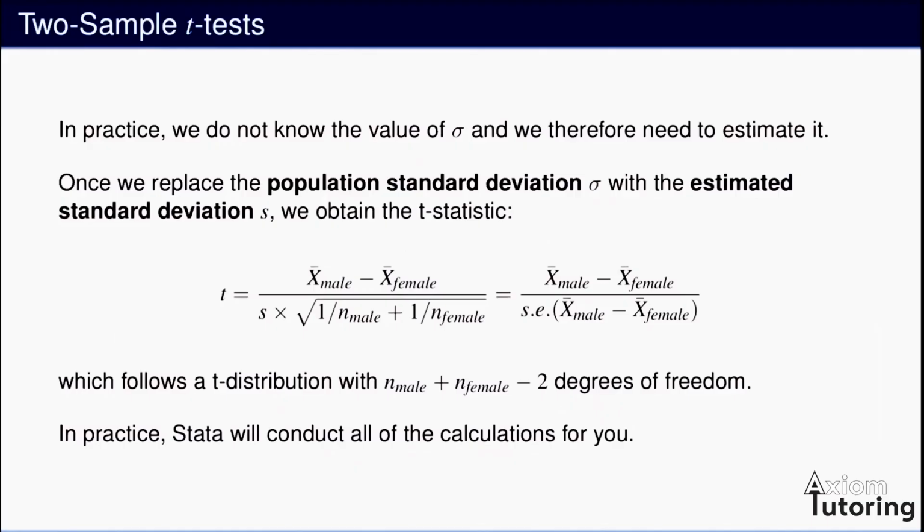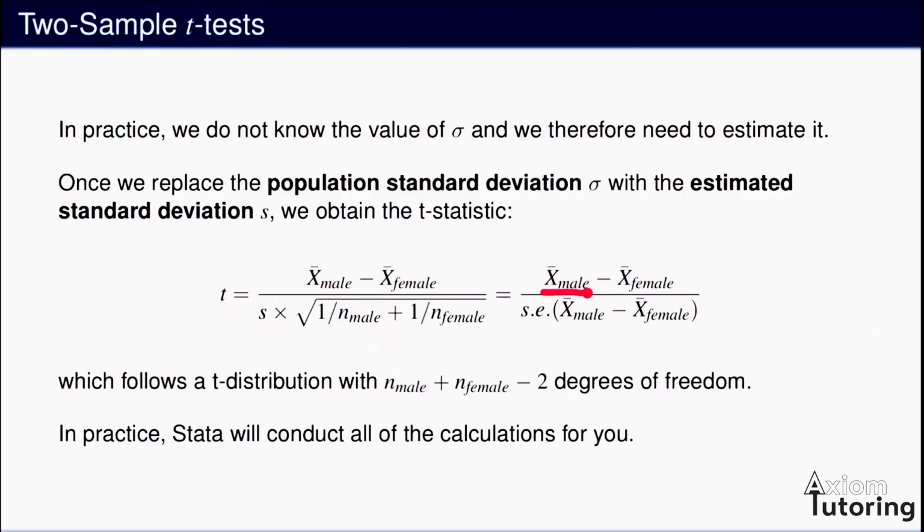Now, exactly like last time, in practice we do not know the value of sigma, and we therefore need to estimate it. Once we replace the population standard deviation sigma with the estimated standard deviation s, we obtain the test statistic that we refer to as the t-test statistic. The t is exactly like before: x bar male minus x bar female divided by s instead of sigma times the square root of 1 over n male plus 1 over n female.